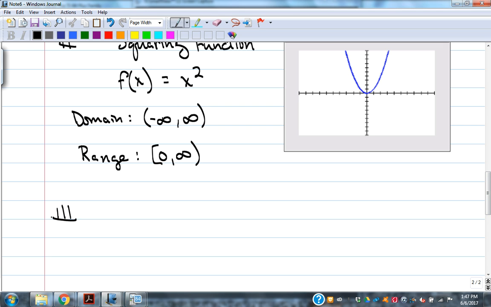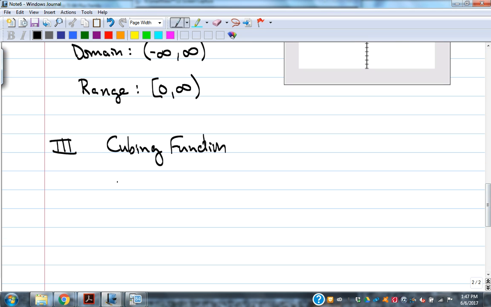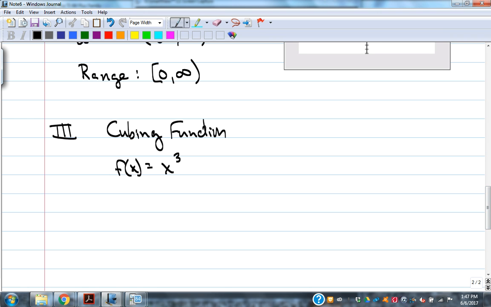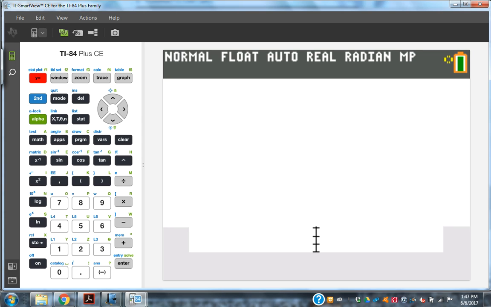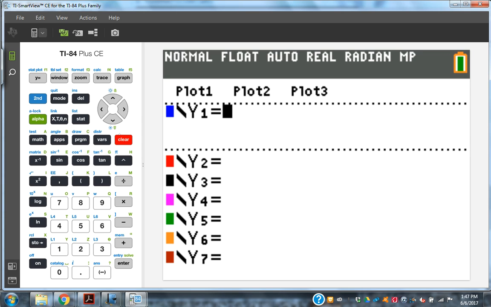We did x to the first power, did x to the second power. Let's do the cubing function, which would be f of x equals x to the third power. Okay. Graph that thing. Go to y equals. I'm going to clear this one out.